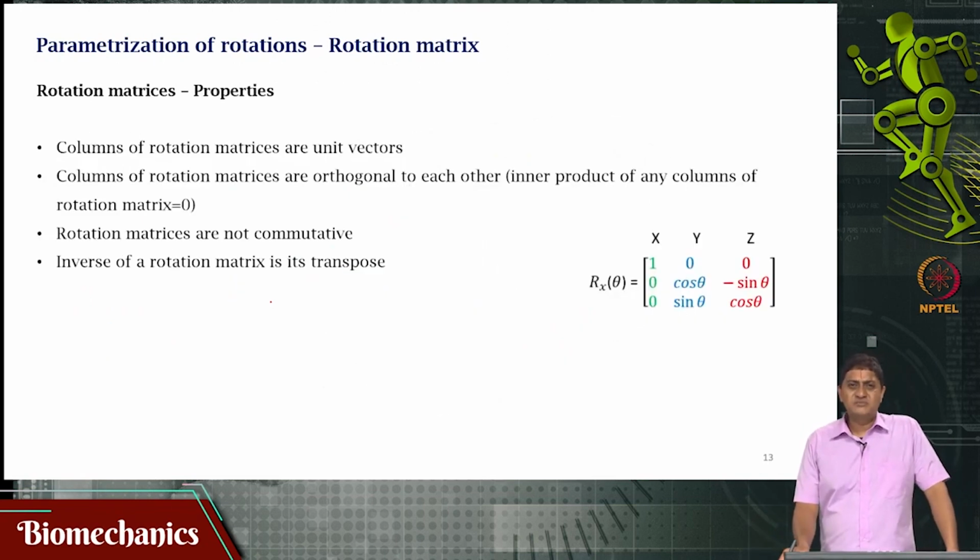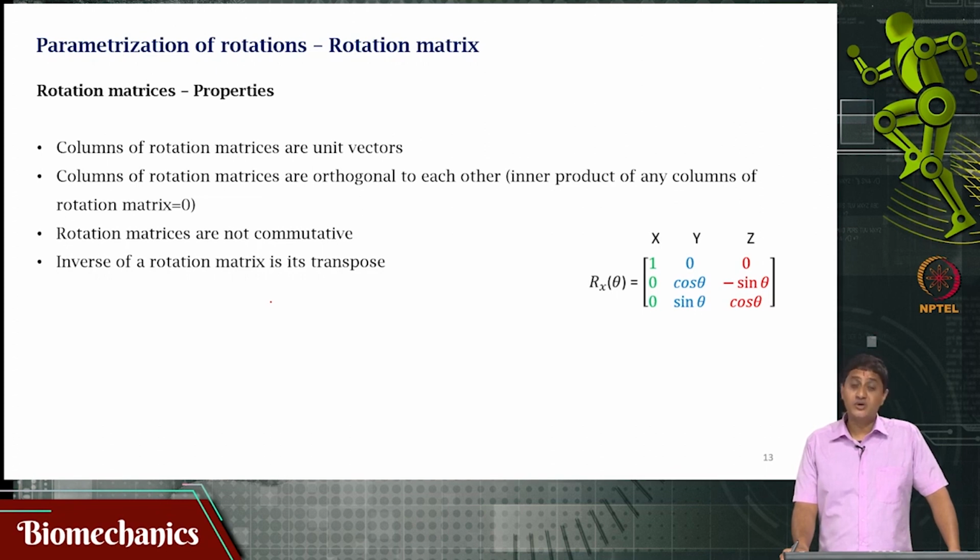It turns out that rotation matrices have some very interesting properties, right. We mentioned in the early slides on the rotation matrix that the columns of the rotation matrix are unit vectors, that they are essentially orthonormal, they form orthonormal bases.